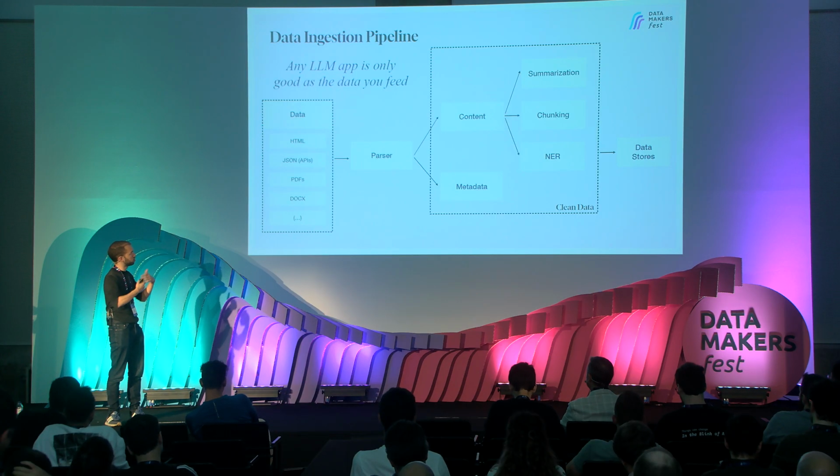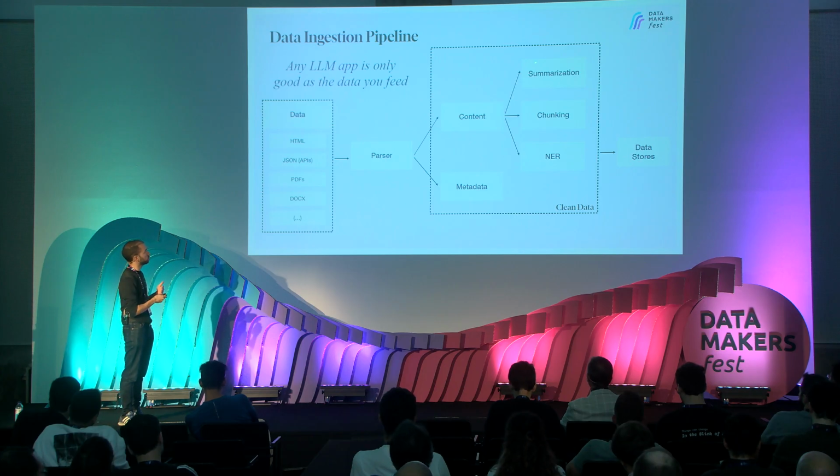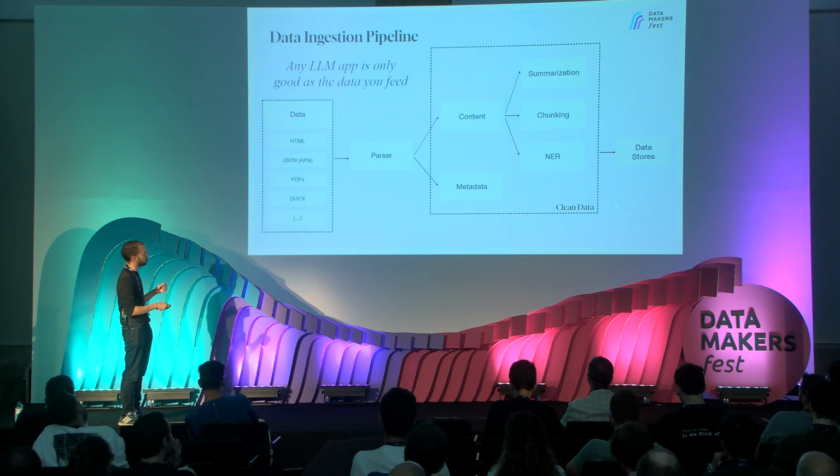And then we can also have a post-processing step, where we can do summarization, chunking, named entity recognition, and then we can save it to a data store. So this is the step where we can clean our data and give it an actual structure.